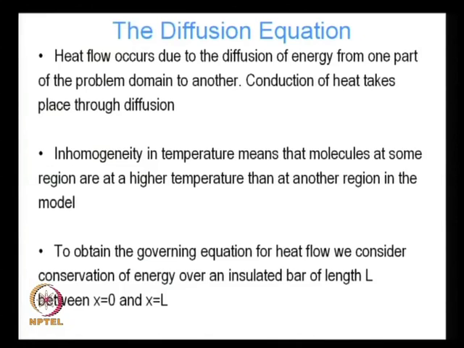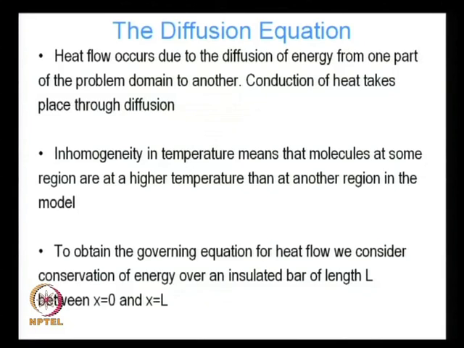So, if you have a heat source somewhere, the molecules there start moving more, they vibrate more, so they have more energy, and that energy gets transmitted over the domain. Heat propagates. Inhomogeneity in temperature means that the molecules in some region are at a higher temperature than in another region in the model.